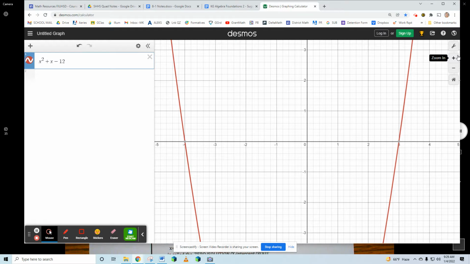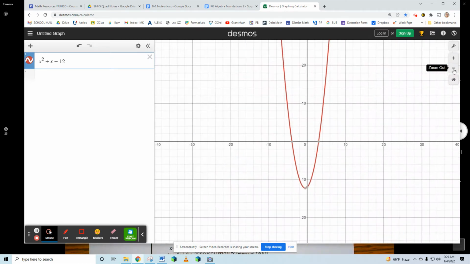Positive 3 and negative 4. And it's a parabola, and this parabola goes forever in both directions. Up, up, up, up, up, up, up. This corner point where it makes the turn is called the vertex.